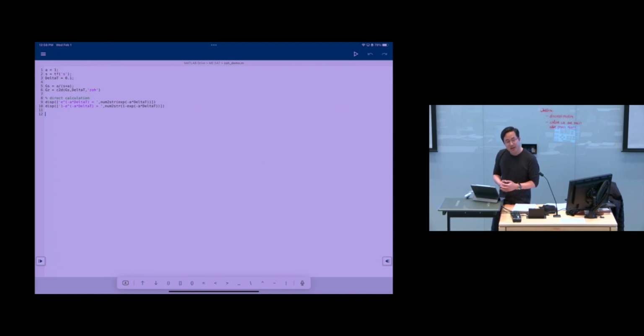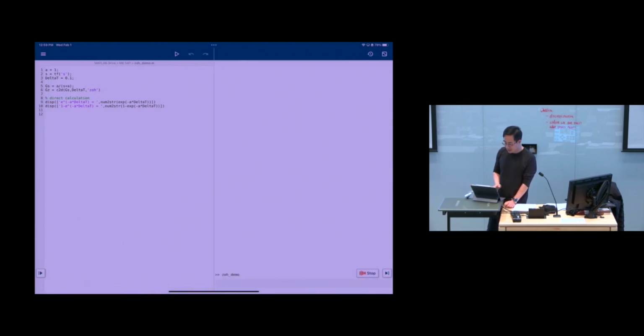And the sampling instance, delta t, I set as 0.1. Then the zero-order hold equivalent can be obtained by the command called c2d, continuous time to discrete time. You submit the transfer function Gs, and then the sampling time, and then you specify the method of discretization.